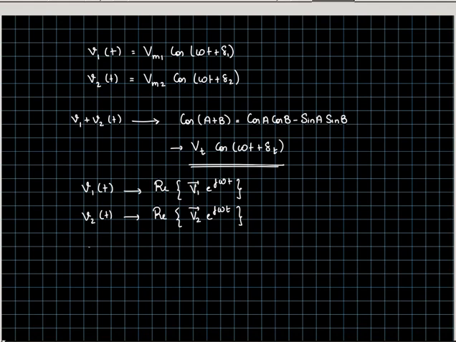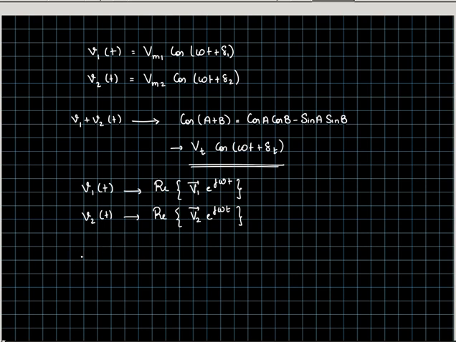And therefore, if you want to add V1 plus V2, what you will do is the sum of these real parts. And if you are familiar with basic complex number algebra, you will recall that the sum of the real parts of two complex numbers is the same as the real part of the sum of the two complex numbers.